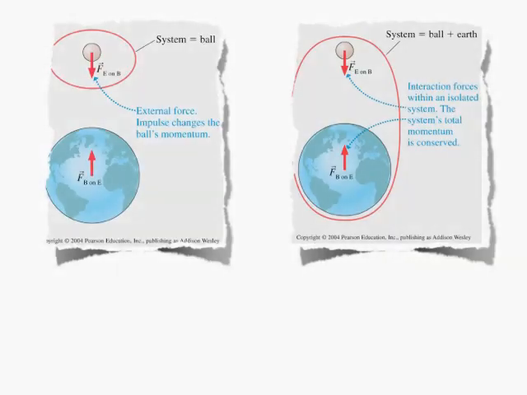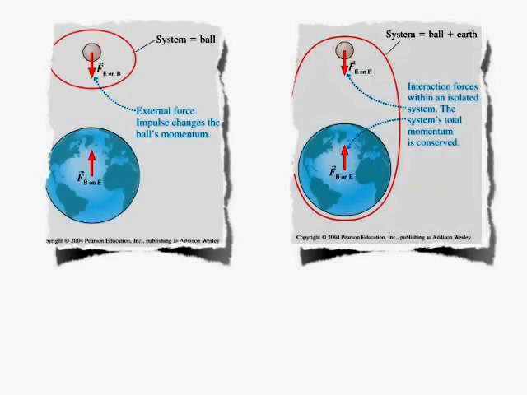But it's important which system I pick. If I just look at the object, the ball, say, that's falling towards the Earth, then it's open to the external effects of the Earth. The force of the Earth is having an external effect on just the system of the ball. Momentum is not conserved in the open system, open to external forces, external influences, in this case from the Earth. On this ball, the momentum of the ball is not conserved.